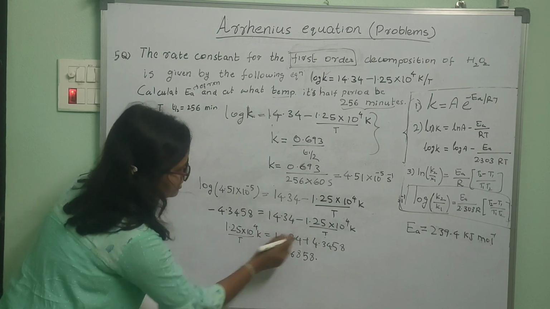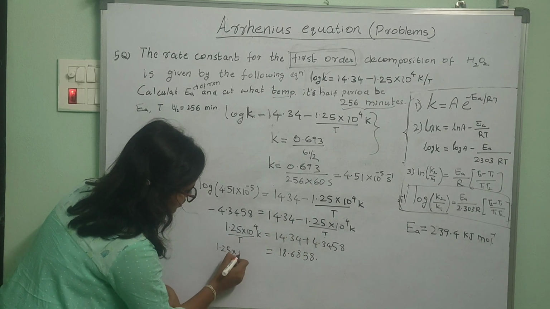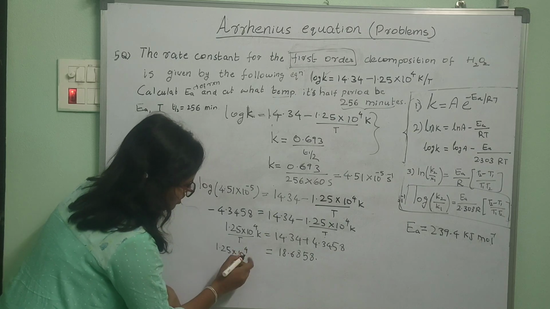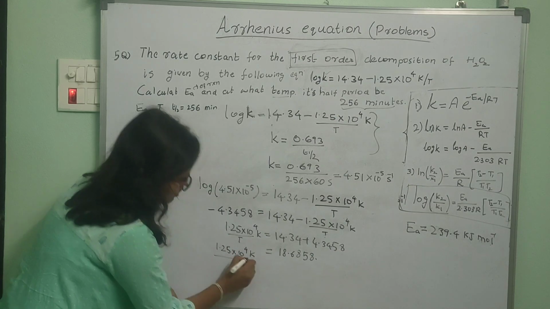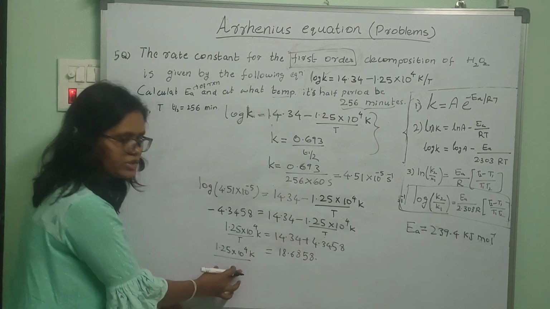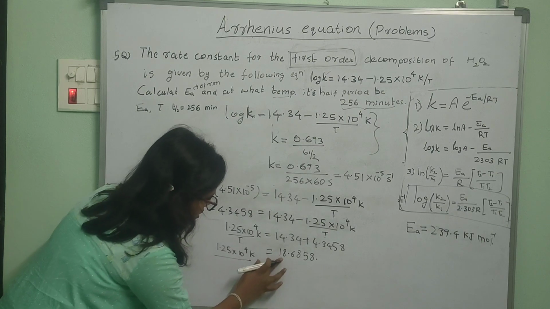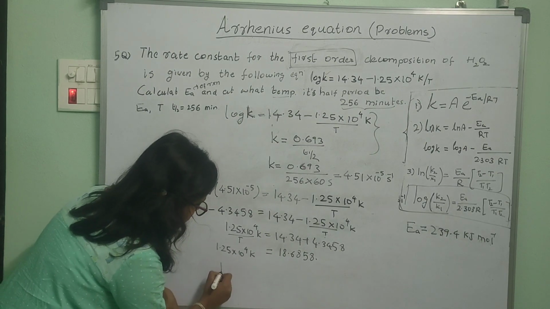We have T in the denominator. So 1.25 into 10 power 4 K. So I'll take this T on the right hand side and I'll bring this to the denominator on the left hand side. So, I'll do it in the next step.